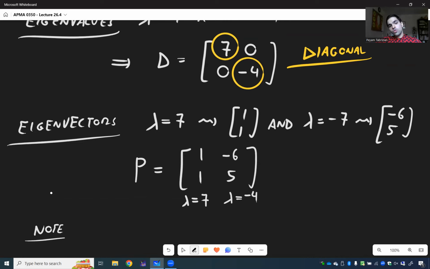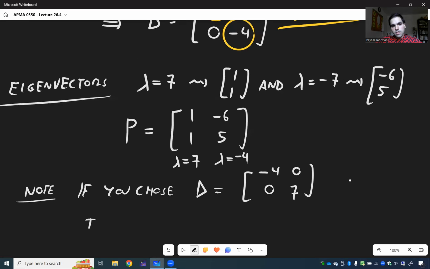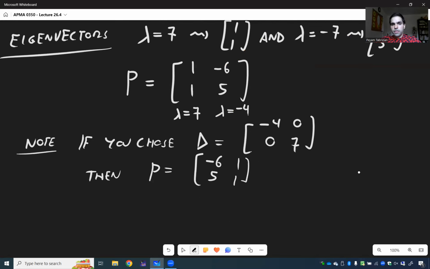So once again, I want to emphasize, once you chose D, then P is determined. So note, suppose you chose D to be -4, 0, 0, 7, so James Bond, then P would now be an eigenvector corresponding to -4, so -6, 5, and an eigenvector corresponding to 7.